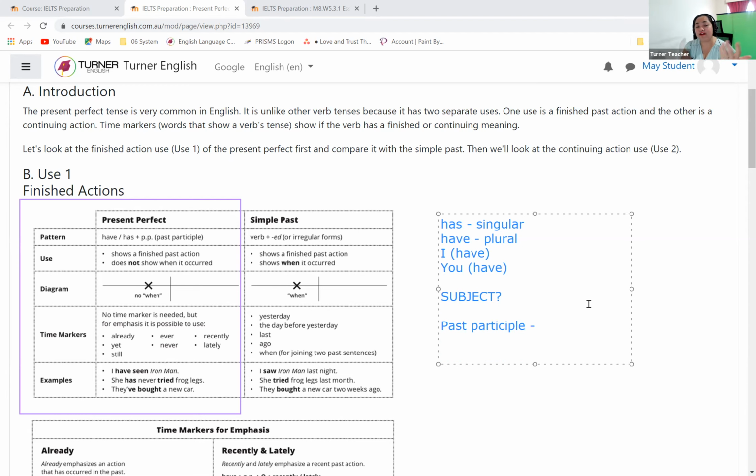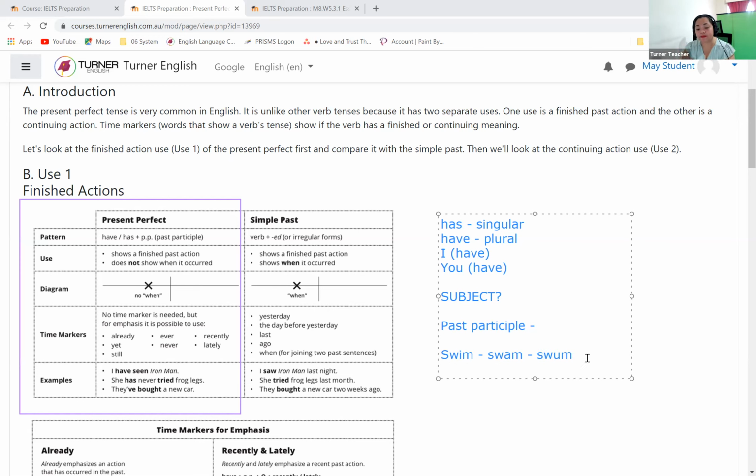So if the base word is swim, the past tense is swam, and the past participle would be swum. Swim, swam, swum. So this is the past participle, the third one.